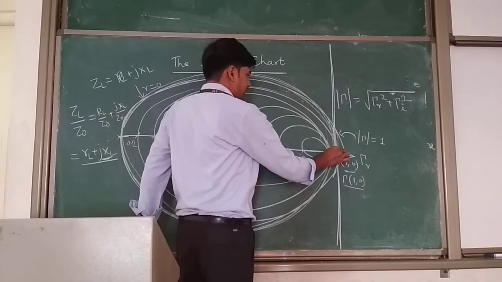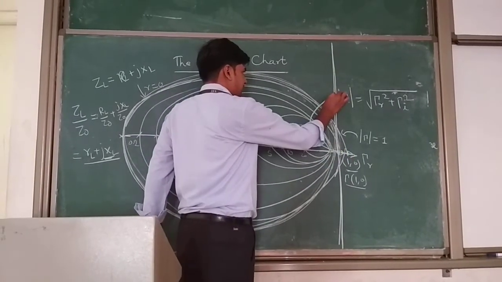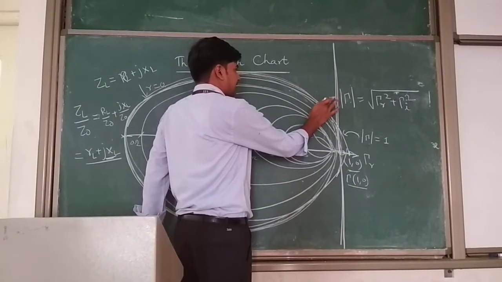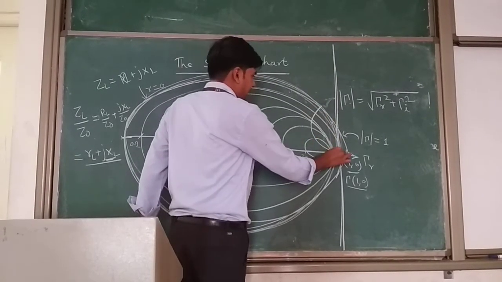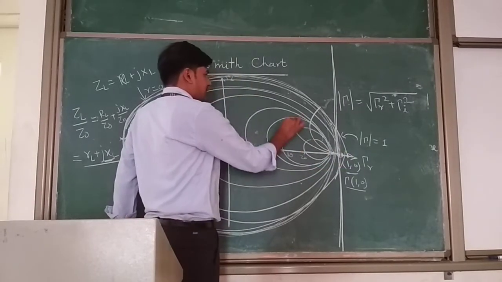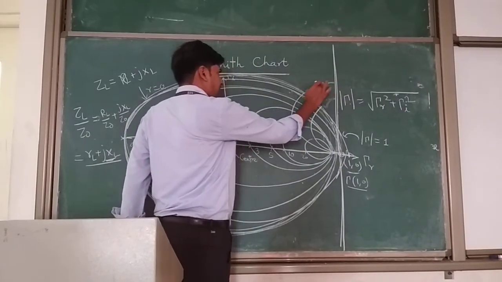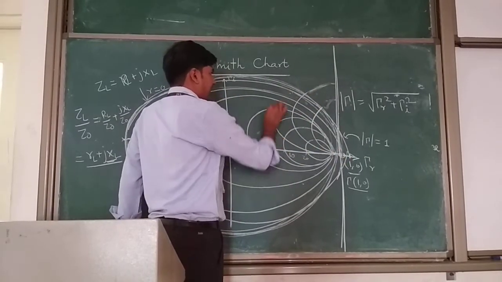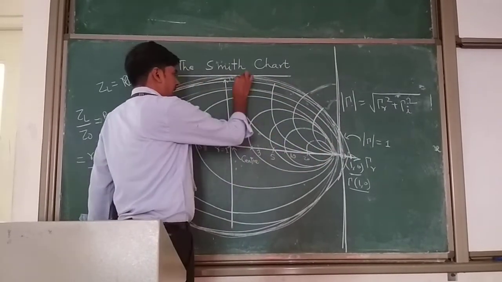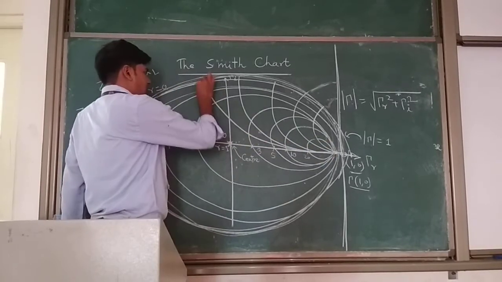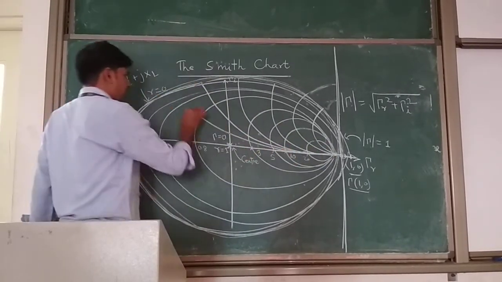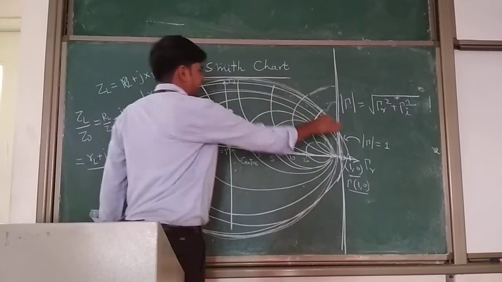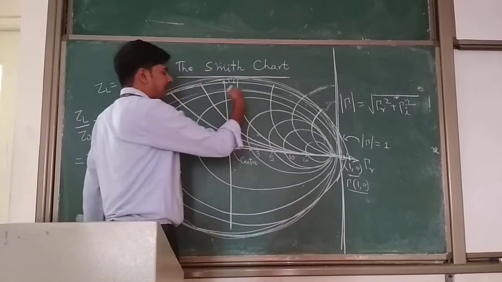Suppose the circle is this one, we will not consider this portion, we'll consider up to this only. Then next, higher radius. Again we will not consider this portion, we'll consider up to this only, and so on. As we are moving towards the left of the Smith chart, the radius of these circles keeps increasing.